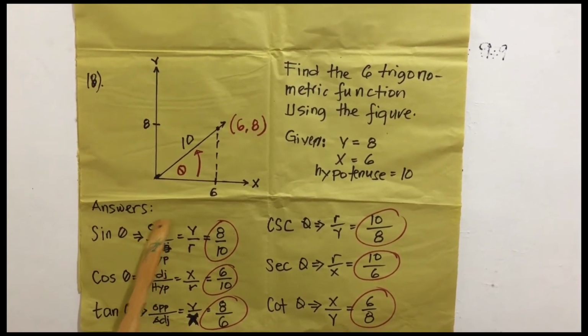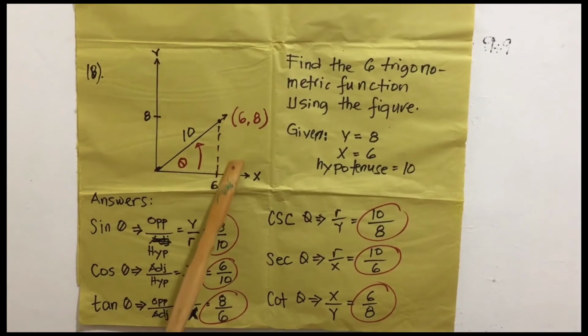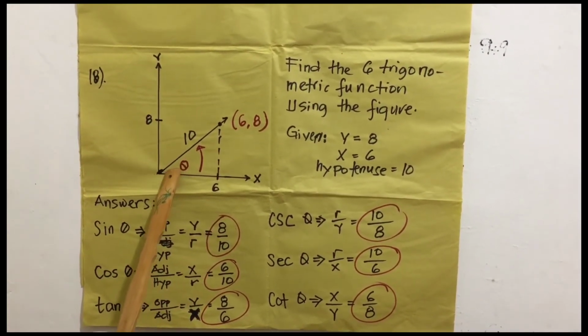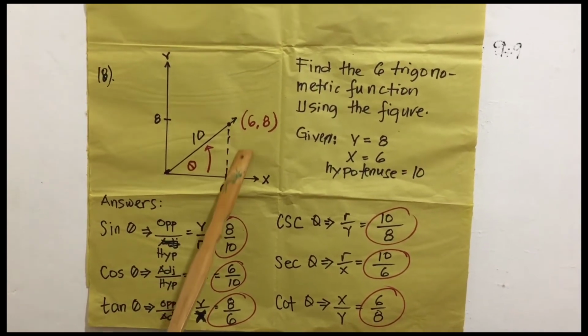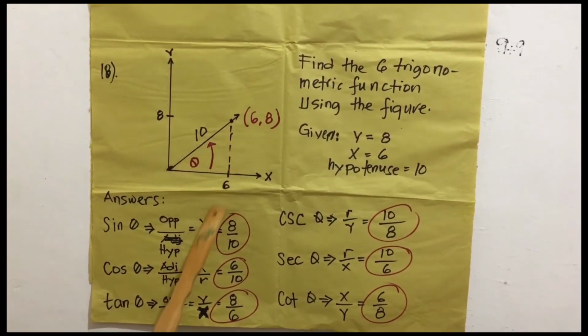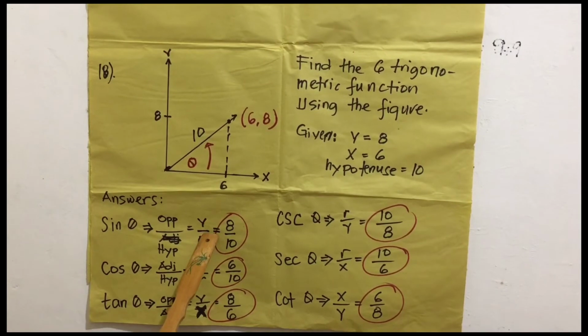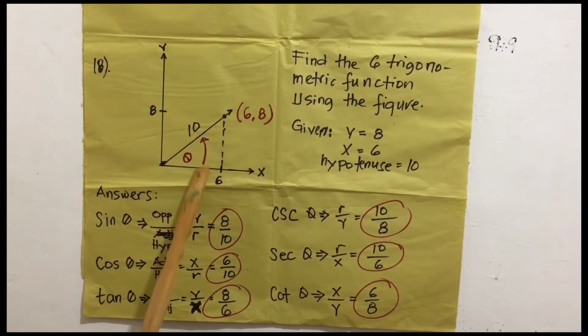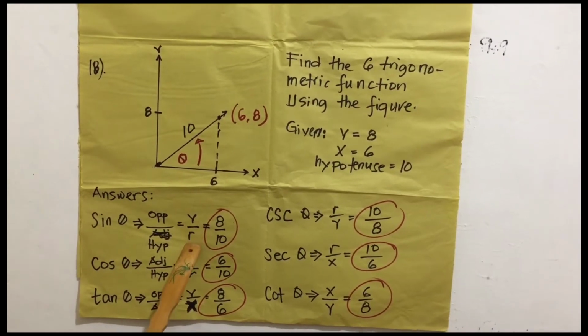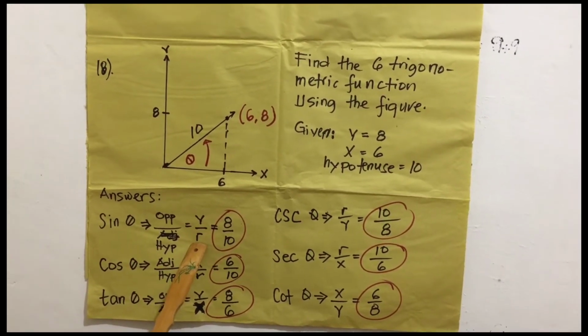So the opposite of this angle, from the theta, is the y. So that's why we have y over the hypotenuse here, which is the so-called r, meaning the radius vector.